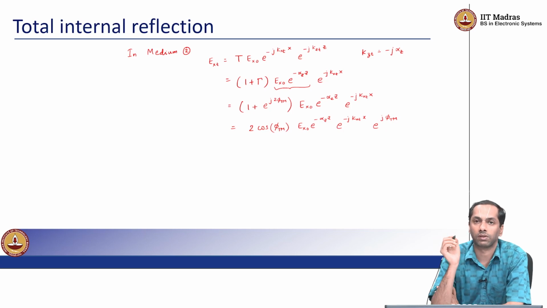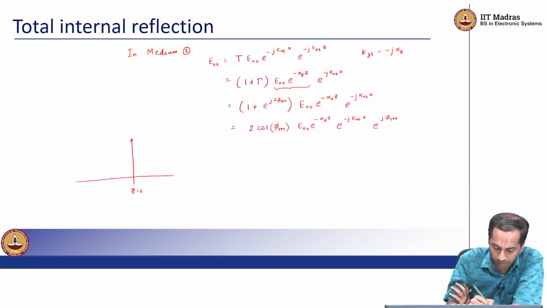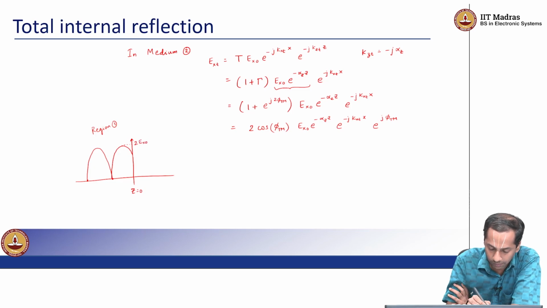So if we were to look at this to add to our figure from the previous slide, this is our z equals 0, and we plotted a cosine curve, right? So this was region 1 with a maximum value of 2Ex naught, and this point at the interface was 2Ex naught cosine of phi tm.